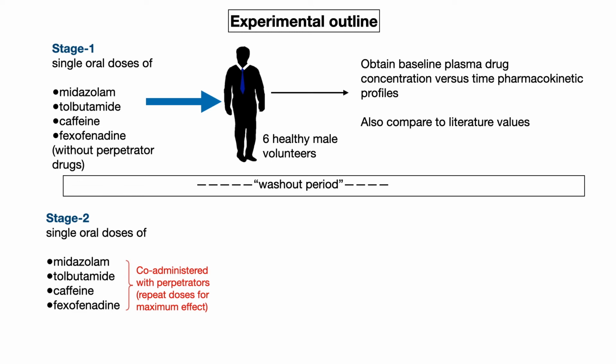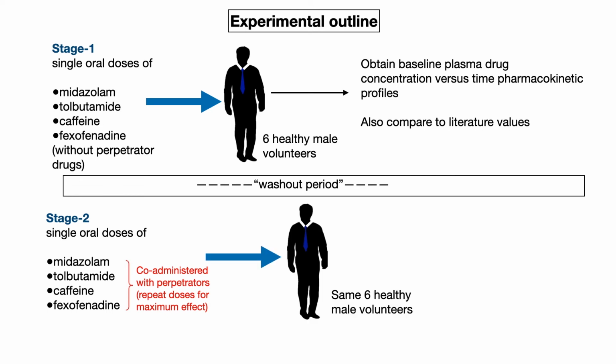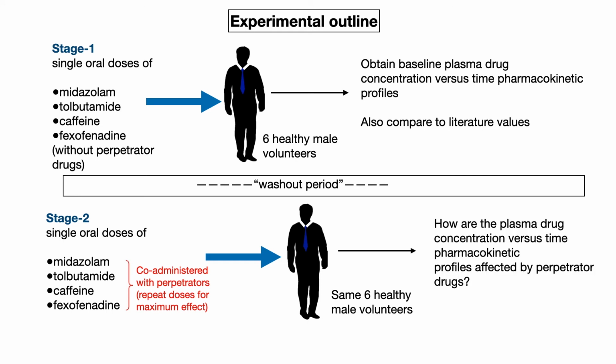Those perpetrators were actually given as repeat doses to maximise the effect, but that is somewhat beside the point. They were given to the same 6 healthy male volunteers, and then we looked at the pharmacokinetics in stage 2 to see how it had been affected by those perpetrator drugs.